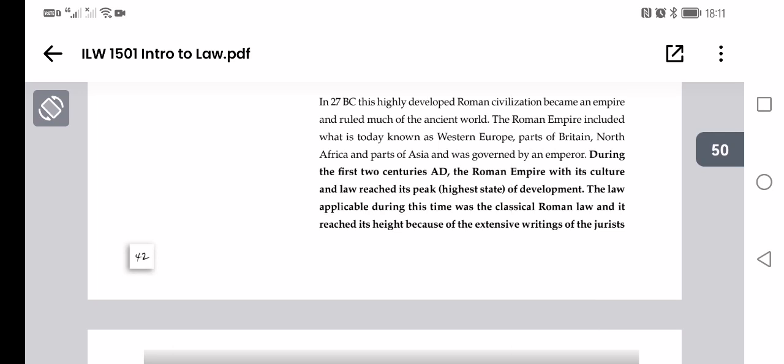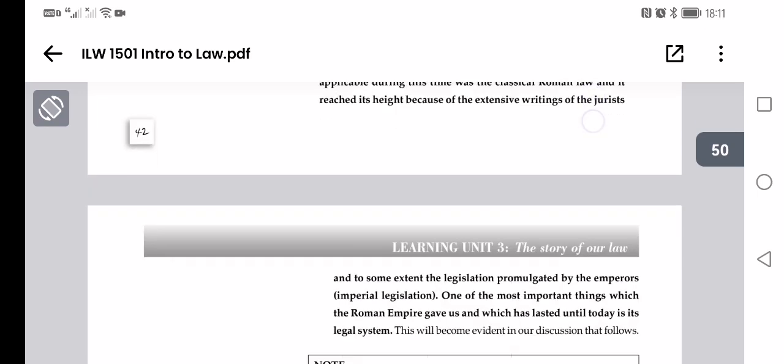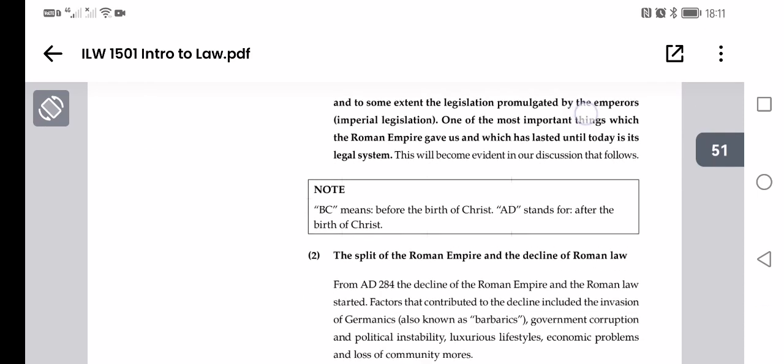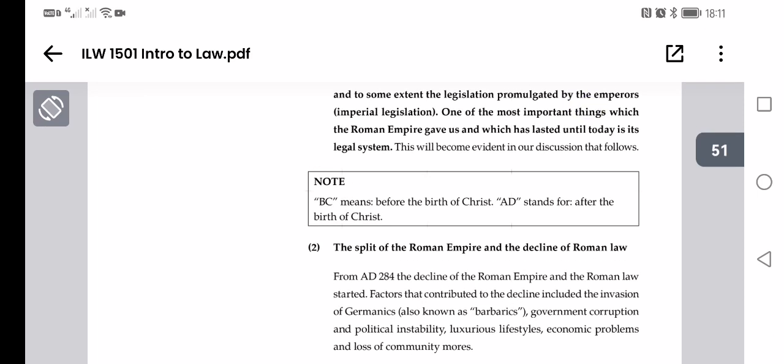The law applicable during this time was the classical Roman law, and it reached its highest because of the extensive writings of the jurists and to some extent the legislation promulgated by the imperial legislation.